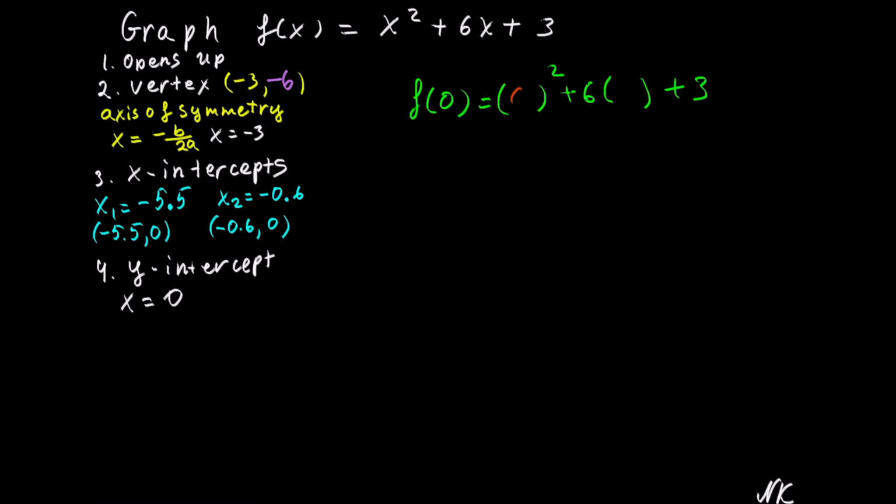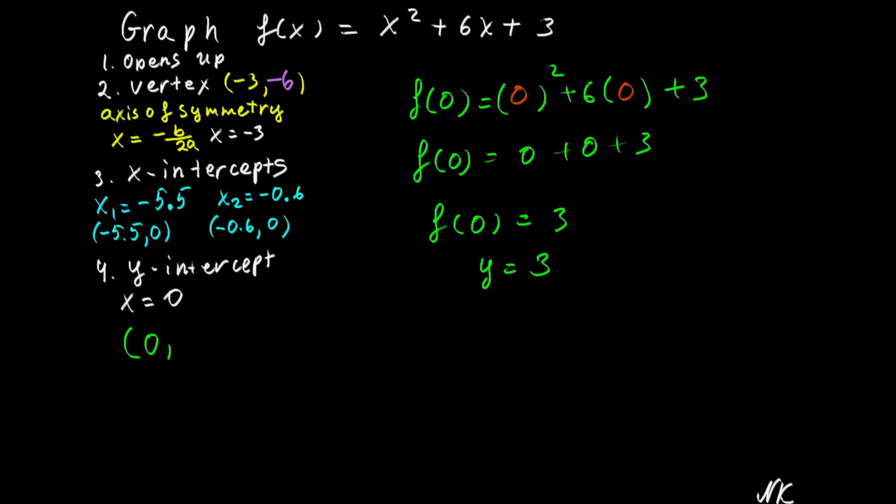Let's plug 0 instead of x, and we get f of 0 is equal to 0 squared, which is just 0, plus 6 times 0, which is just 0, plus 3. So f of 0 is equal to 0 plus 0 plus 3, which is 3. So the y value is equal to 3, and our y-intercept is 0 for x and 3 for y.